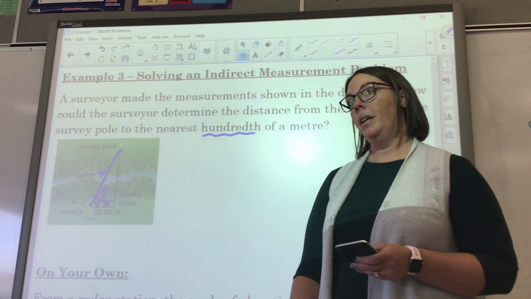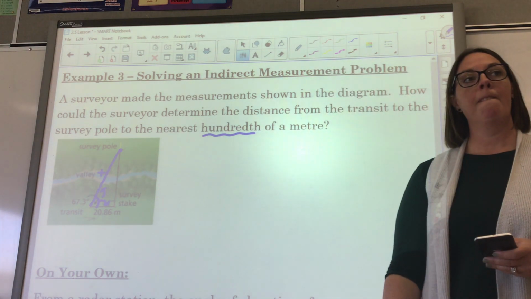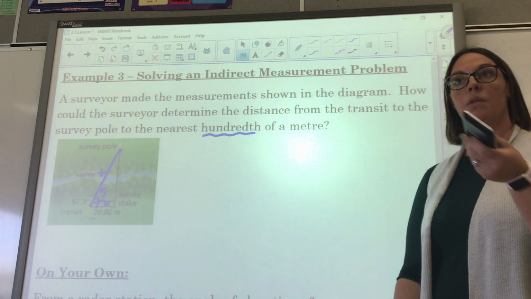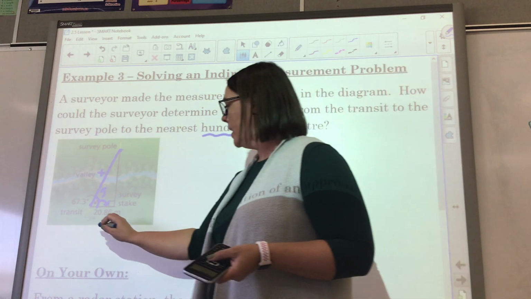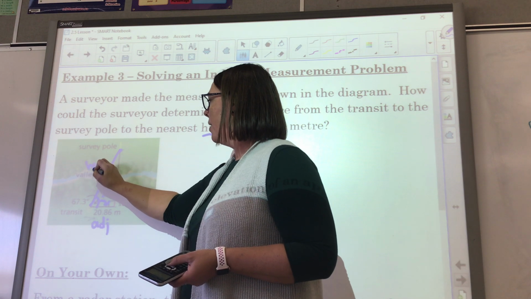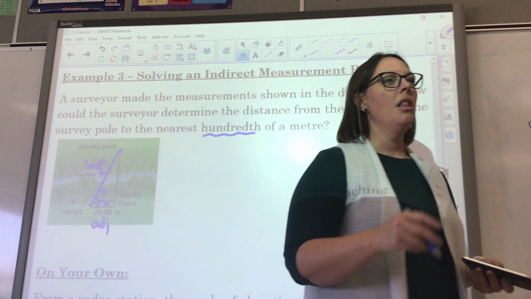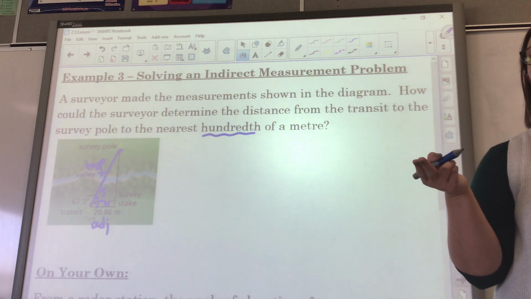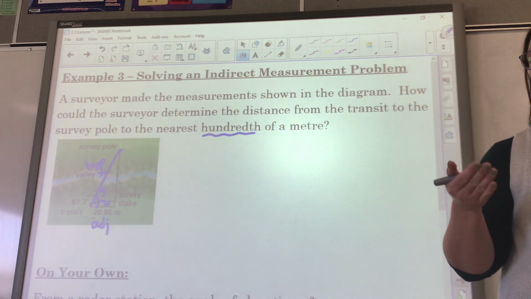What trig function are we going to use here? Cos. Who said cos? Ava? We know adjacent. This is the adjacent side. This is the hypotenuse. Okay? Lots of people find the hypotenuse the easiest to label and then the opposite the easiest to label. So adjacent is the other one.